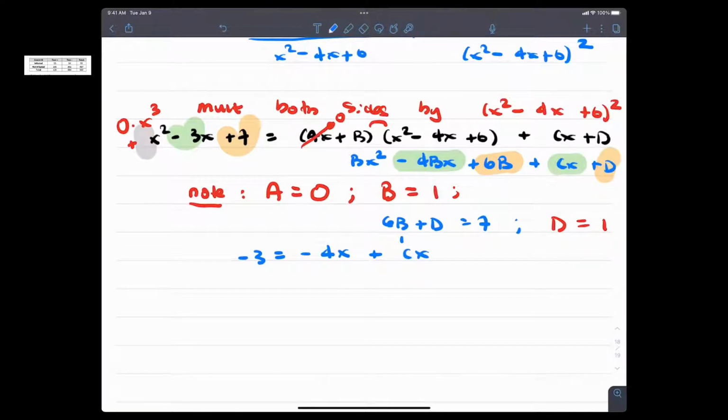What do we do? Nope, we don't have the x's. Let's go back. Let's write everything down, it's always helpful, so you don't make a mistake. Let's double check. Negative 3 minus 4b plus c, where b is 1.